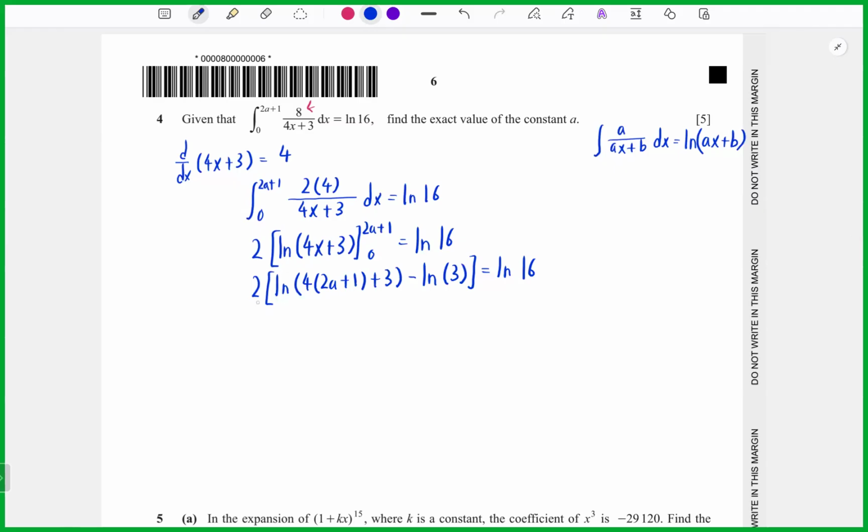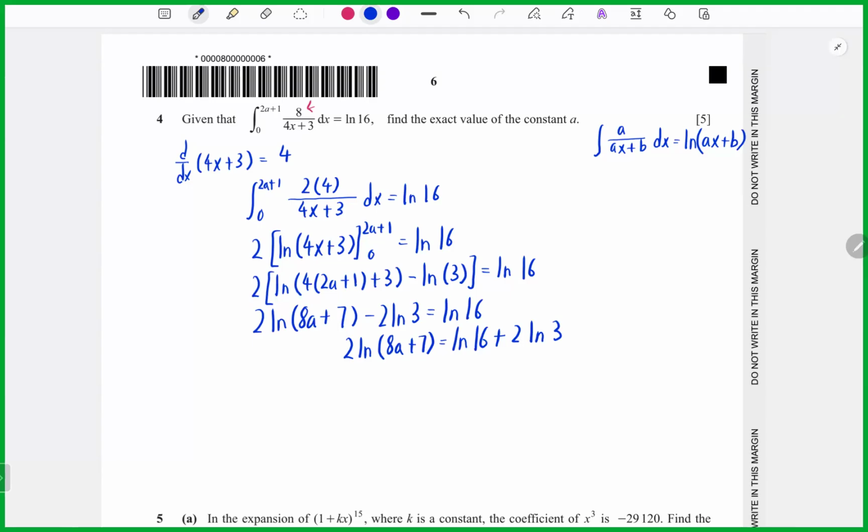So 2 ln bracket 8a plus 4 plus 3, right? So actually it's 8a plus 7, minus 2 ln 3 equals ln 16. So 2 ln (8a plus 7) equals ln 16 plus 2 ln 3.